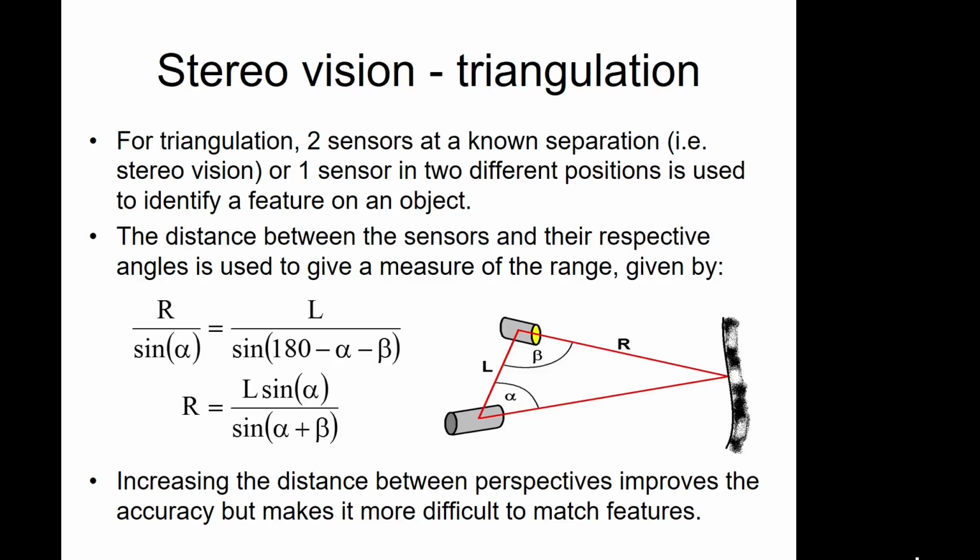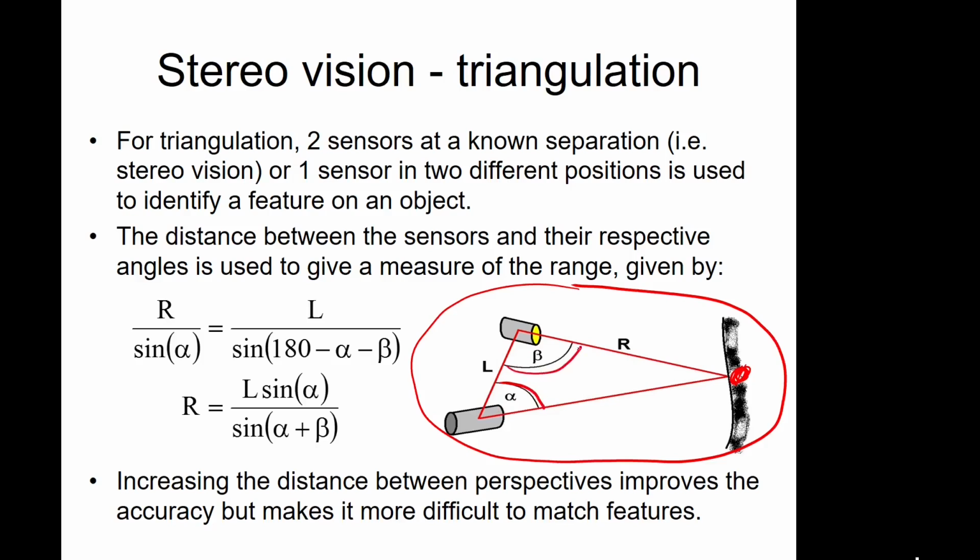So we have two eyes, and we essentially are using this principle: if we look at an object here, because our perspective of that object is slightly different from each eye, then we are trained to do this calculation where we know the slightly different perspective, we know the distance between our eyes, and therefore we automatically work out the distance to the object.